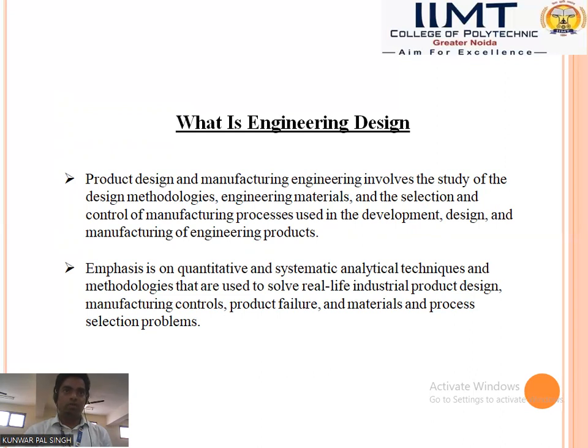Emphasis is on quantitative and systematic analytical techniques and methodology used to solve real-life industrial design and manufacturing control problems. So in engineering design, we use design methodologies, engineering materials, and the selection and control of manufacturing processes in the development of a product.